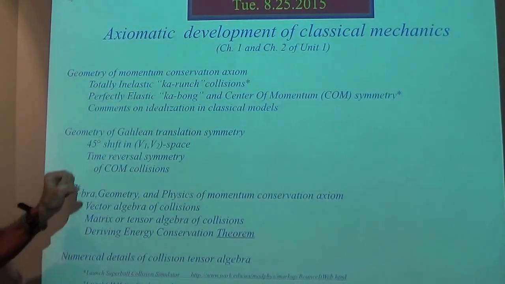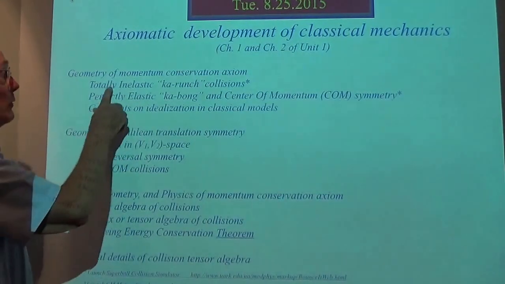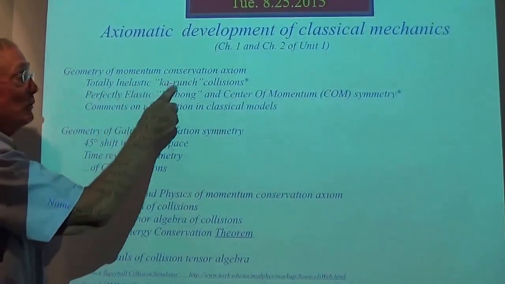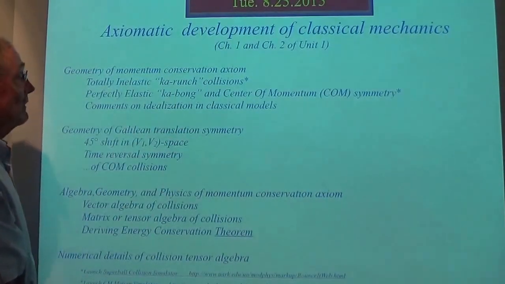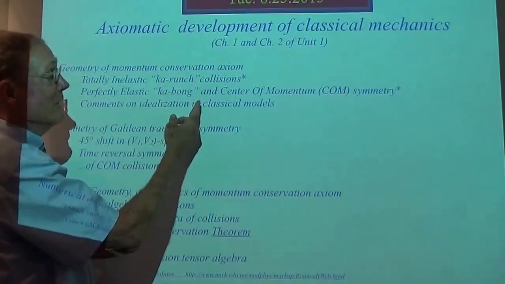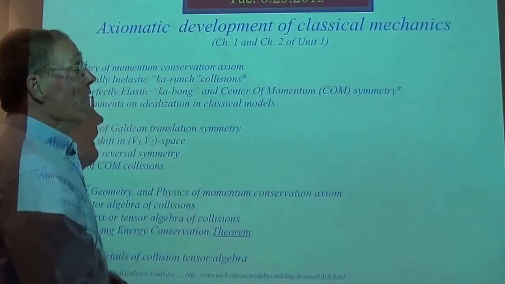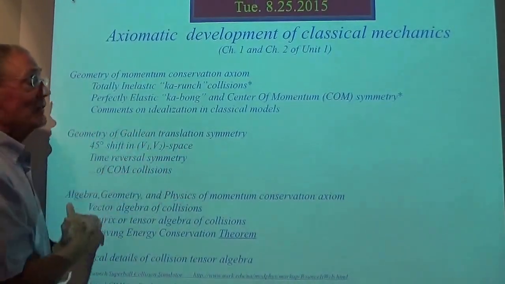But the 2 kinds of collisions that we'll see immediately are totally inelastic, which we name crunch, and that's probably what would happen on a real freeway, or perfectly elastic, which we'll call a kabong collision. And those are more like what you might have in a parking lot.